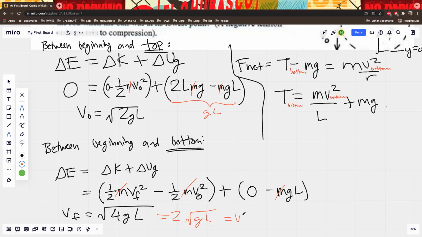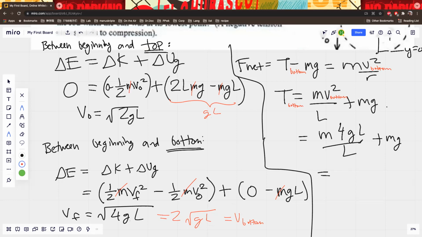So this equals v bottom, and then we can write down that this is going to be m times this thing squared, so that's 4gL over L, plus mg.